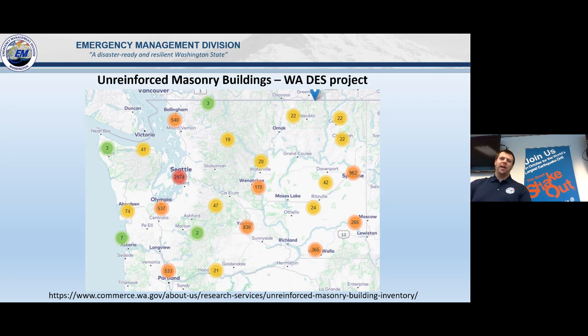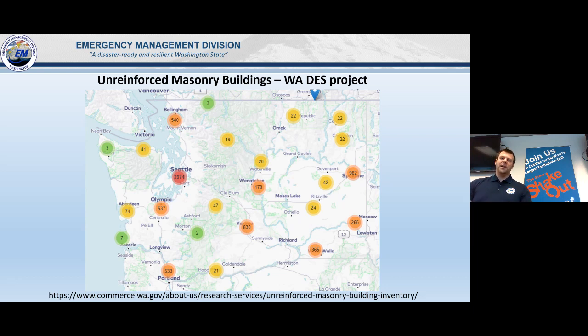So we can also look at where the unreinforced masonry buildings are in the state, so we can start understanding how to retrofit those. Take those walls that are not bolted to a floor and bolt them to the floor. It's expensive, but it's worth it when you start thinking about people walking by on the sidewalk. Immediately worth it. The Department of Commerce did an inventory of our buildings in the state to try to find where some of these are concentrated. So again, we got these red colors like in Seattle.